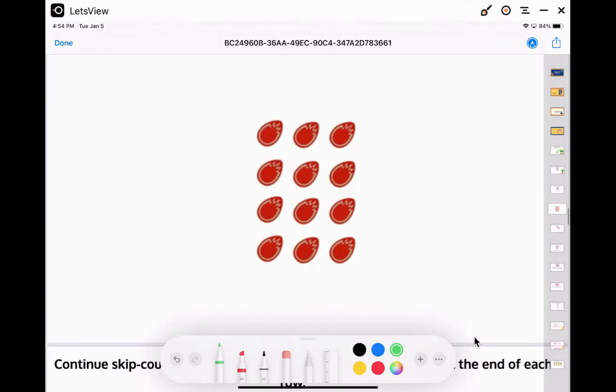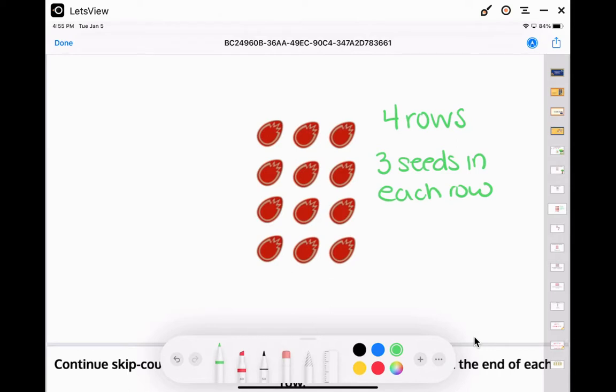So, if we know that there are 4 rows and that there are 3 seeds in each row, we should be able to write a multiplication expression. Our rows are just like our equal groups from yesterday.